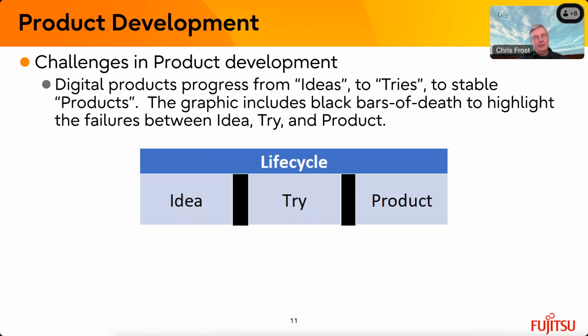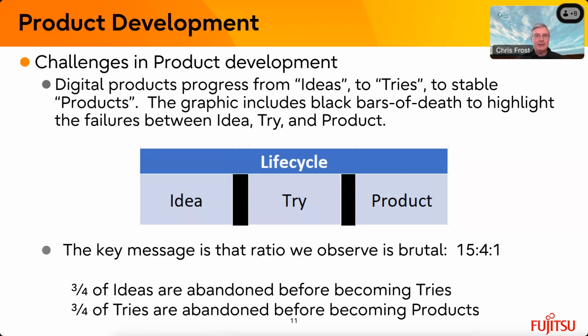In the conversations within the working group, as we've been talking about this, we've been using this graphic and what we've been calling the black bars of death between the three stages. The point of that is to highlight the failures, frankly, the challenges and difficulties of moving between those stages.